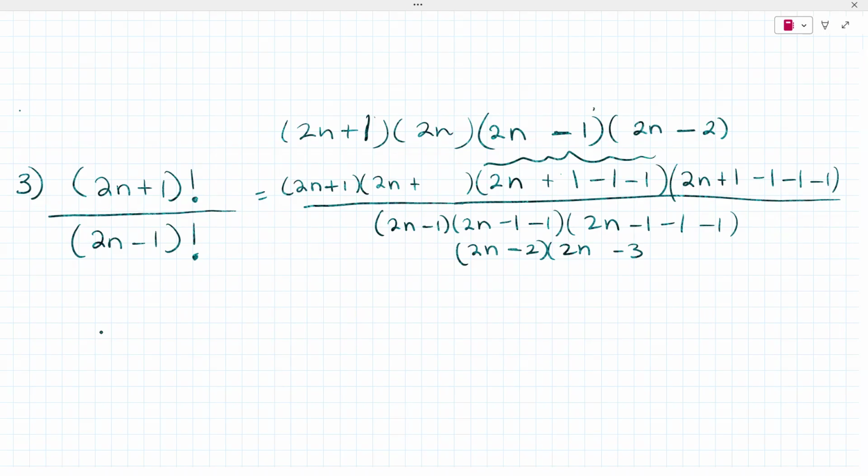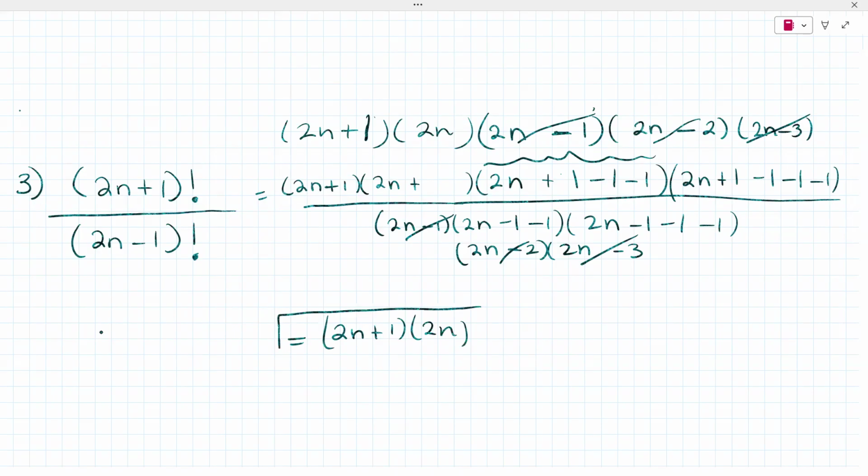This one, and everything else cancels. If you continue the top, it would be 2n minus 3, right? And this would cancel, and then this would cancel. So everything on the bottom cancels, and on the top, we're left with 2n plus 1 times 2n. And that is your final answer.